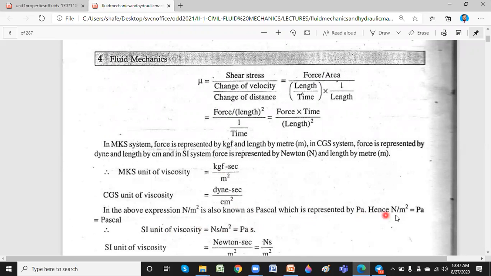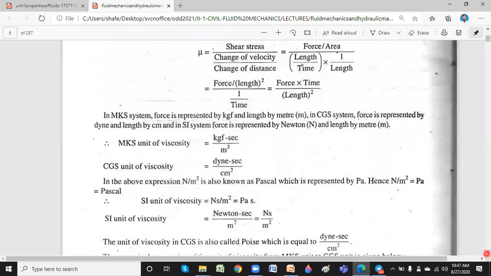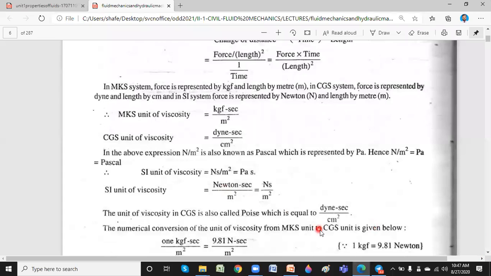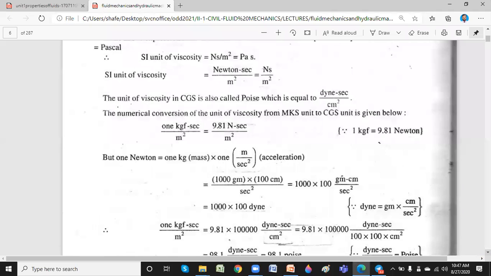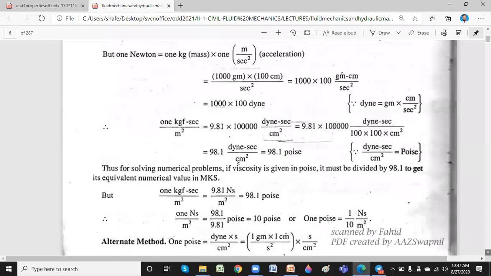Pascal is 1 Newton per meter square. That is the stress, force per unit area. So that is the unit for viscosity. Dynamic viscosity is in terms of Newton second per meter square, or Pascal second. Okay, right?